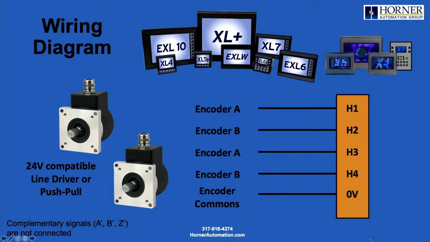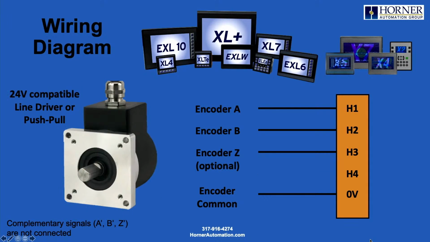Now, one thing you'll notice is that we don't connect the complementary signals of A0, B0, and Z0. With our products, for the most part, you're really just connecting the primary signal of A, B, and Z if there's a marker. And then the next page shows that if you do need a marker, you're going to be limited to 1 encoder because you're going to be taking up 3 of the high-speed inputs instead of the 4.